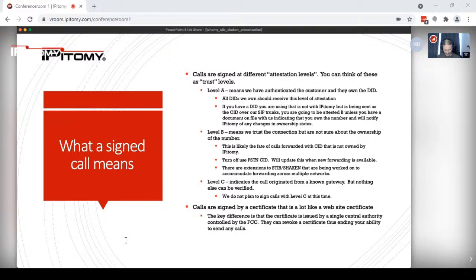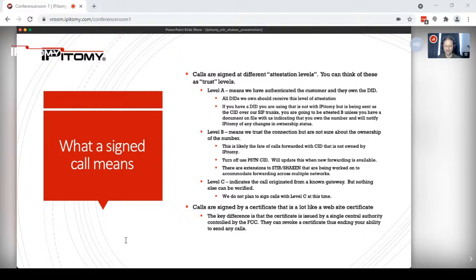So not complying with what I'm just about to go over would be grounds for them to revoke your certificate. Essentially, there's going to be a lot more control on phone calls going forward.